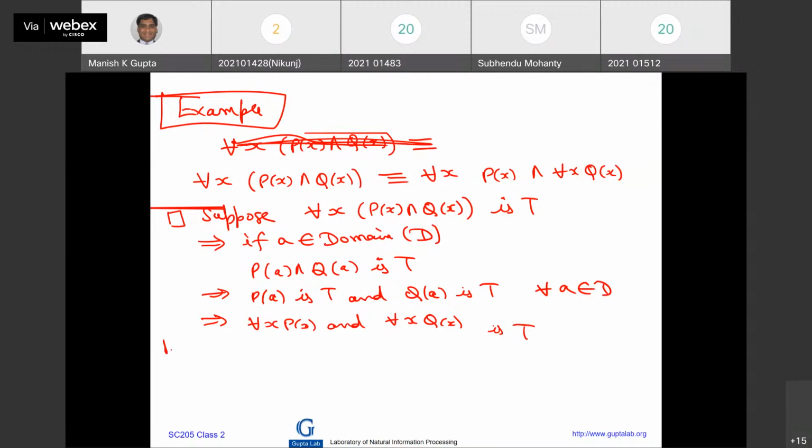Now the opposite side. Suppose for every x, P(x), and for every x, Q(x) is true.